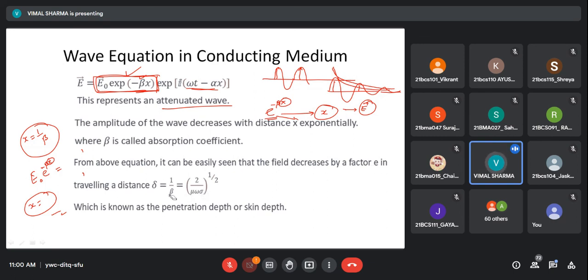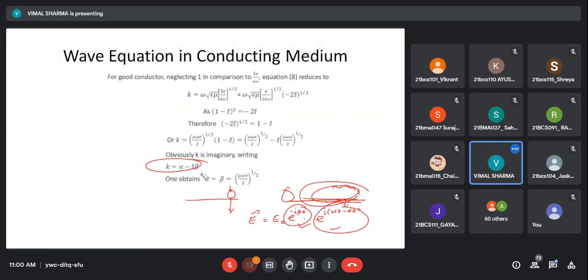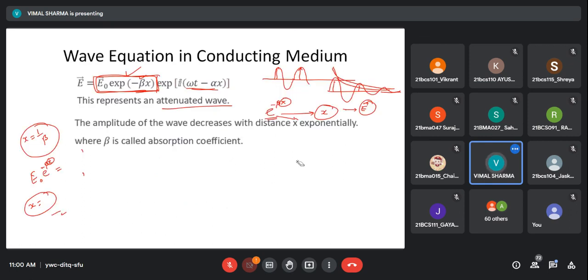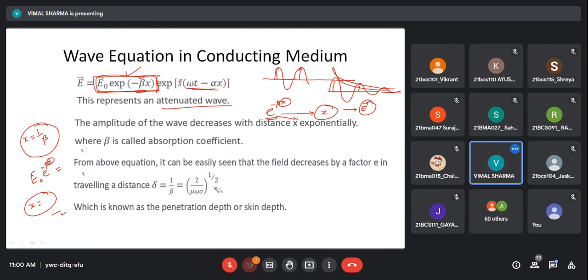And 1 over beta is what distance? We know beta, so we can write its inverse. See here, this is my beta, and its inverse is 2 divided by mu omega sigma, whole raised to the power 1 by 2. So 1 by beta is this.